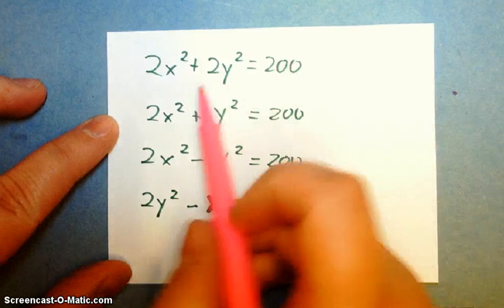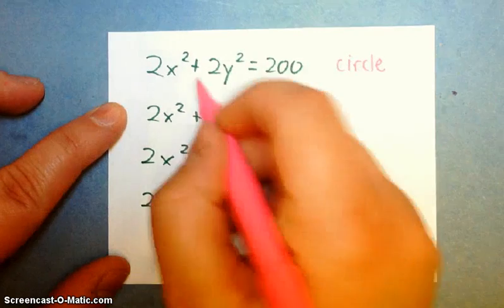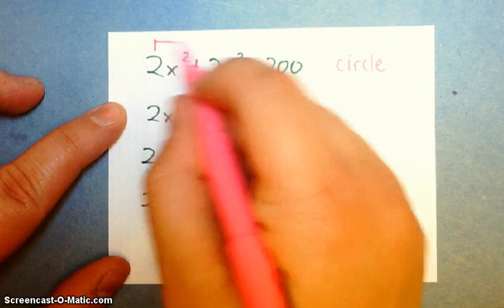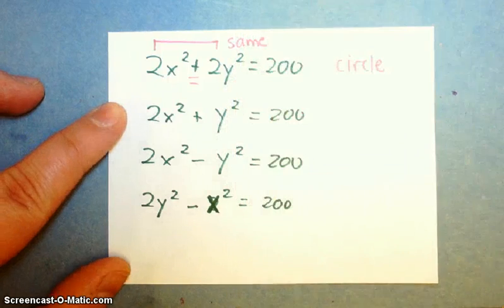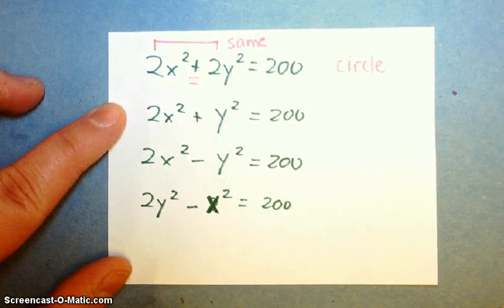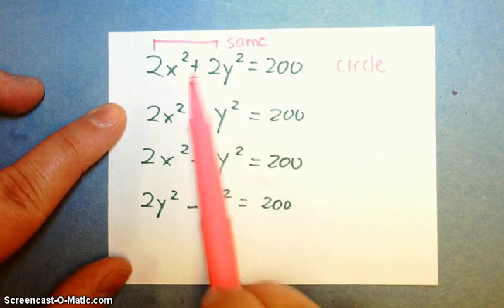We have first, this guy right here is a circle. You've got a plus here, and then the numbers in front of the x and the y, if those are the same, that's how you know that it's going to be a circle. The coefficients here are both 2, and that's going to make that a circle with the plus.